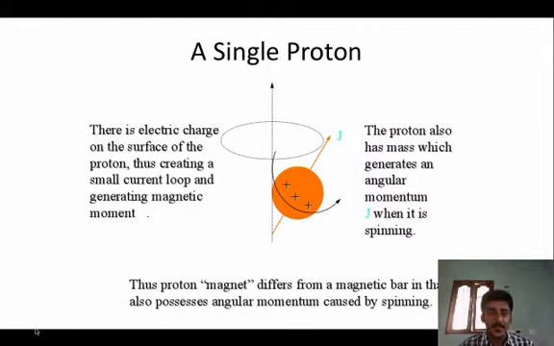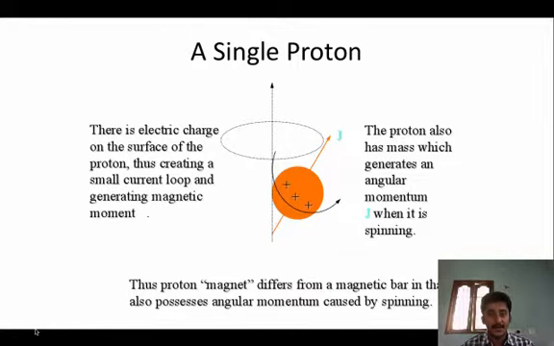Next, let us consider a single proton. There is a charge on the surface of the proton, thus creating a small current loop and generating a magnetic field. A static current exists which generates a magnetic field, given by the right hand thumb rule.